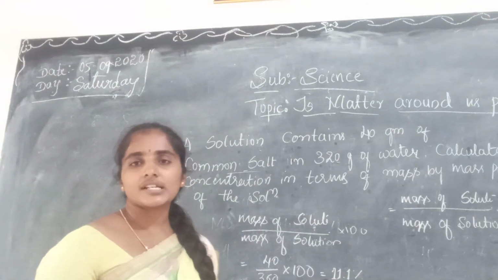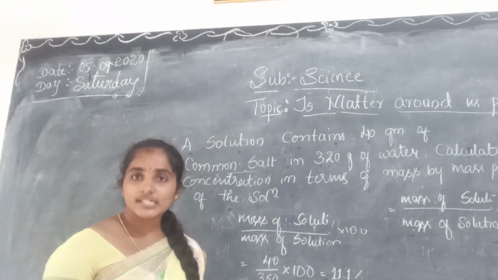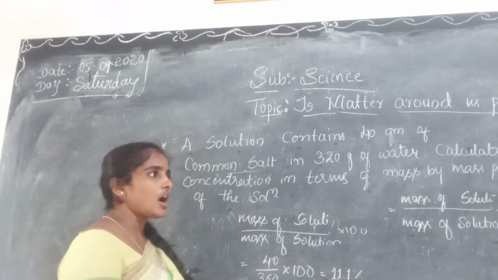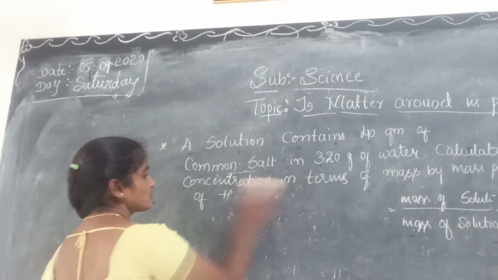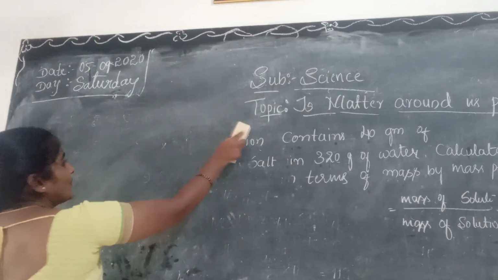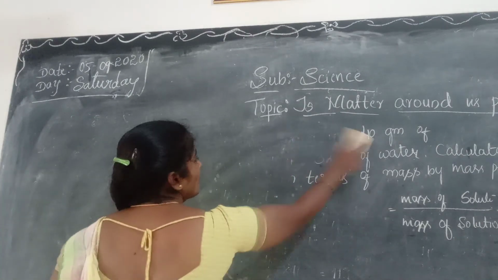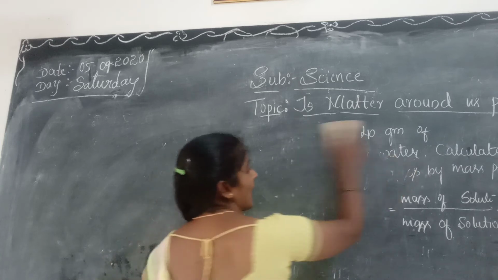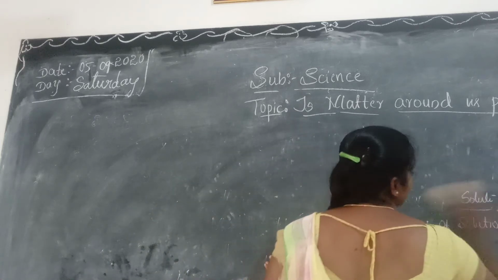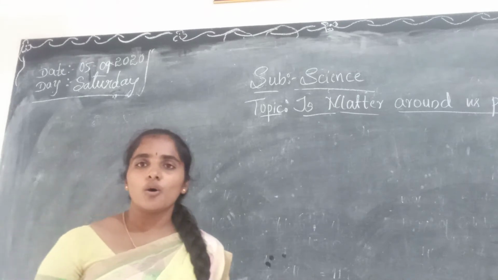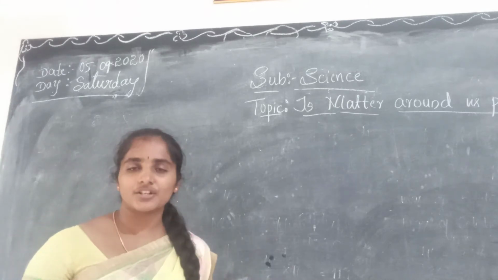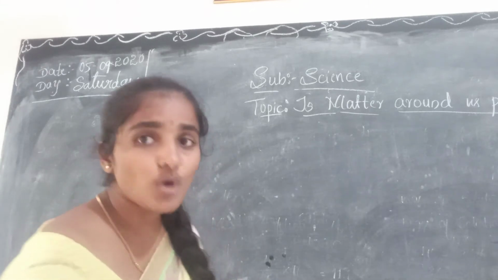Next we discussed water suspension. In the previous class I told you both groups A and B obtained the same shade of solution, but group C obtained another shade of solution. What is that?